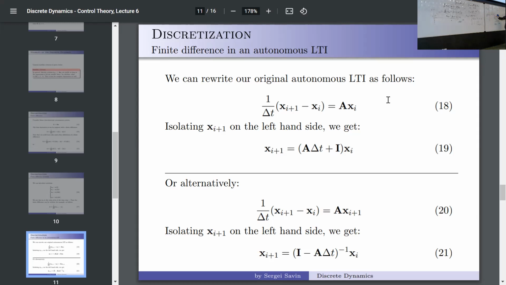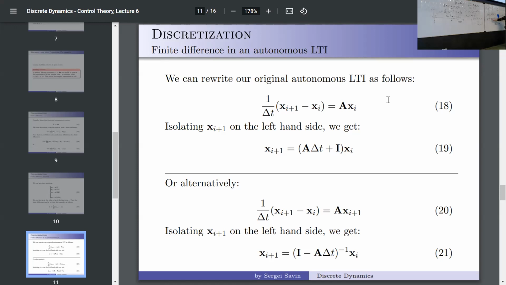But we say that it is equal not to this i step, but to this i plus 1 step. So x dot is equal to a times x sub i plus 1. If this sounds ridiculous to you, you say, how does the future x influence the current x dot? Well, I can say this is exactly the same as this. And that is legit. This is just another way to find the finite difference.